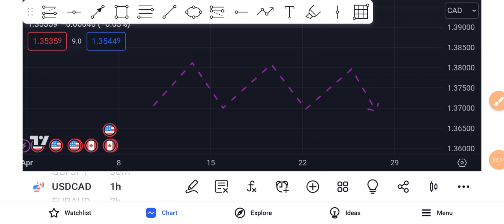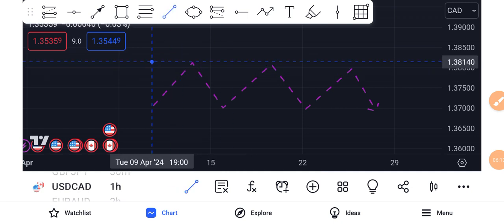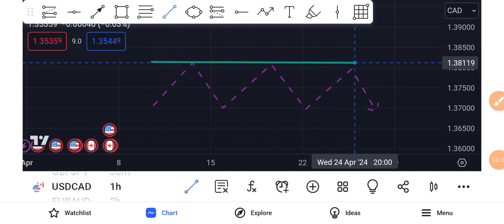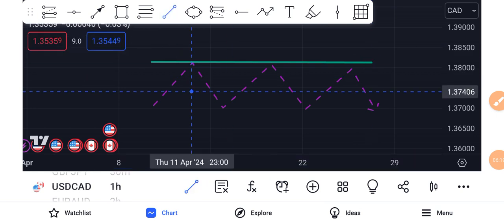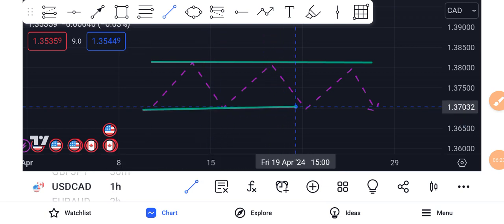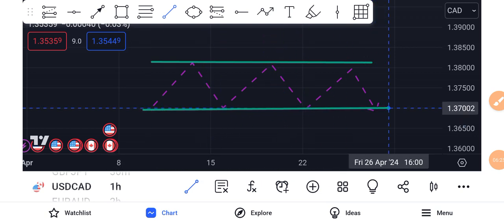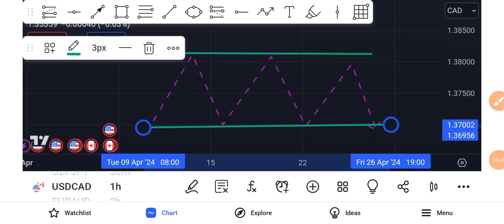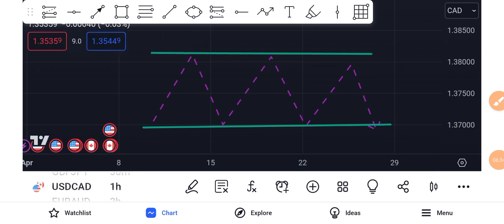Okay, so here you can just take your tool and draw a line across. See, anytime the market hits the resistance, it drops. Every time it hits the support, it rises. As easy as that. Which means if you are to trade off these zones, whenever you're at the support level, you buy. Whenever you're at the resistance level, you sell.